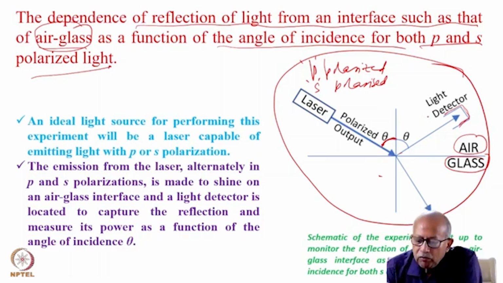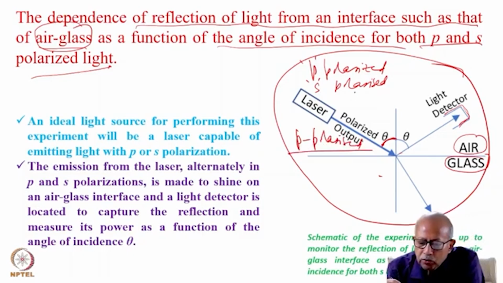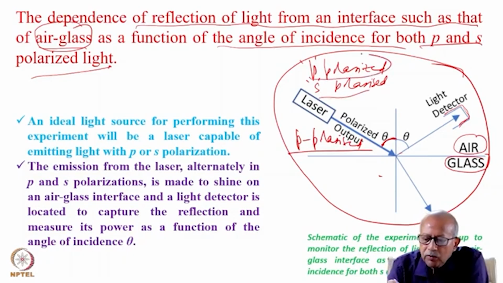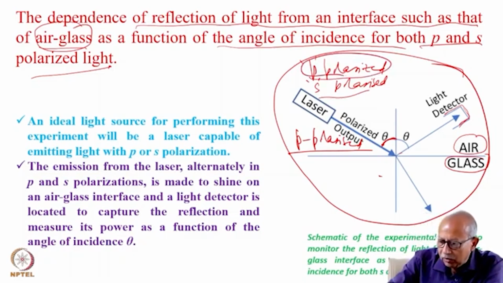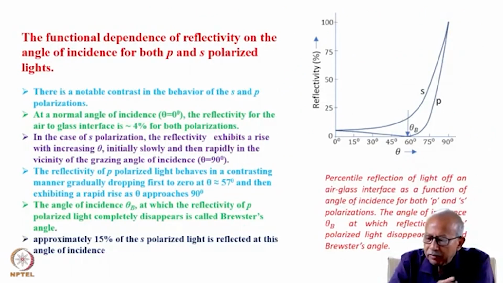the power, reflected power. Result of this experiment, first we are using P polarization. So the laser has been switched to P polarization. So it is giving P polarized. So the result of this experiment, that is reflection as a function of angle of incidence for P polarized light, is shown here.